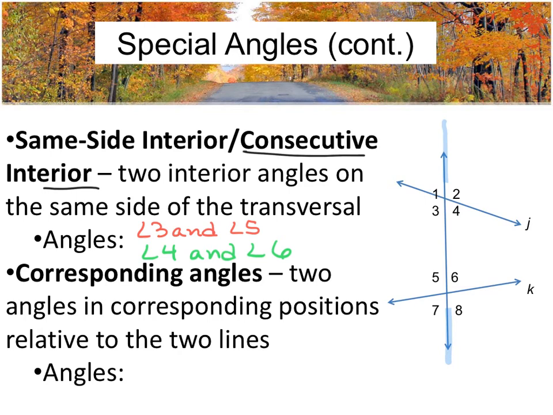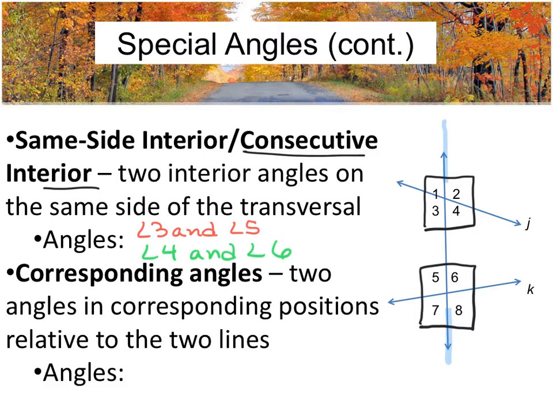Now, the description of corresponding angles states two angles in corresponding positions relative to the two lines. I know this is a mouthful. So maybe one thing that might help you understand what it means by corresponding is if I were to draw a box around each group of 4 angles.